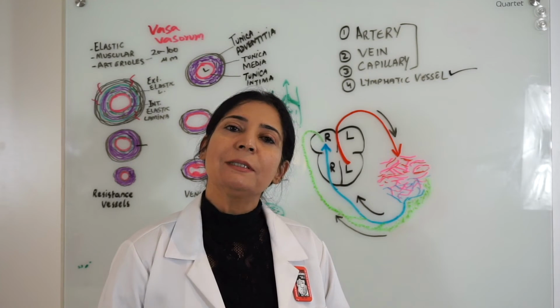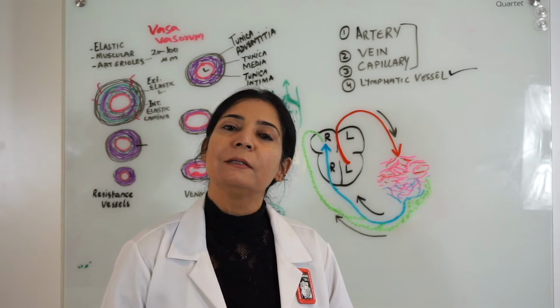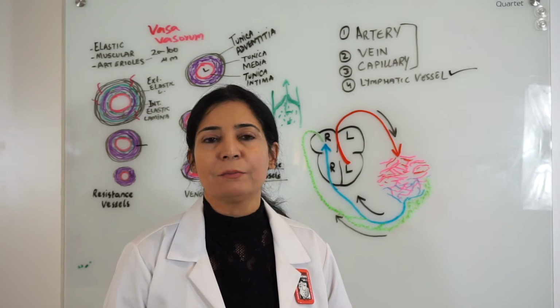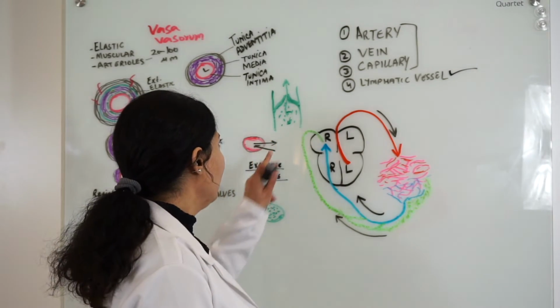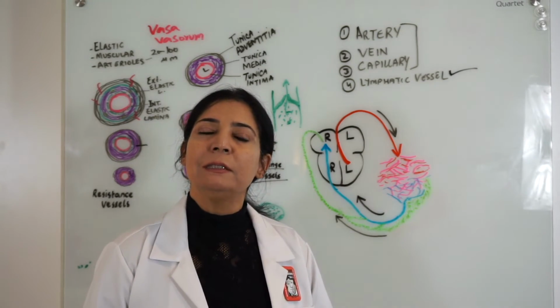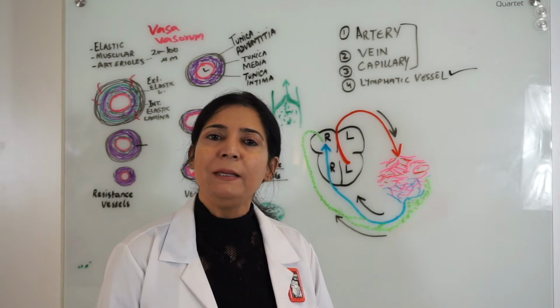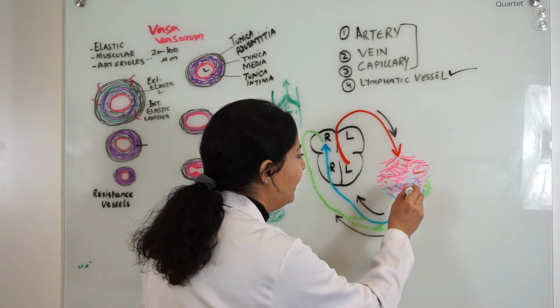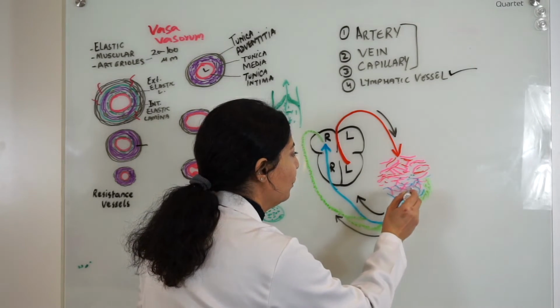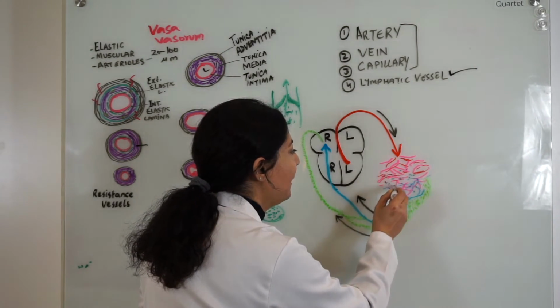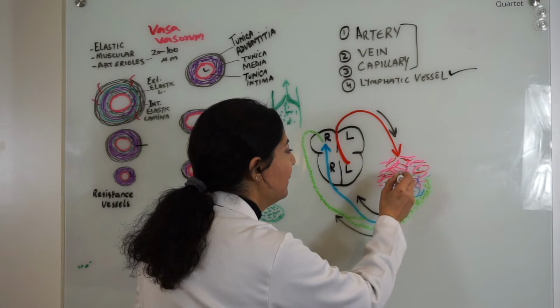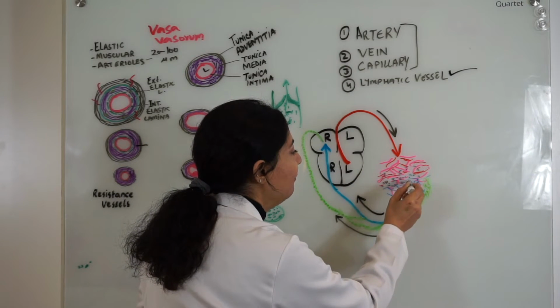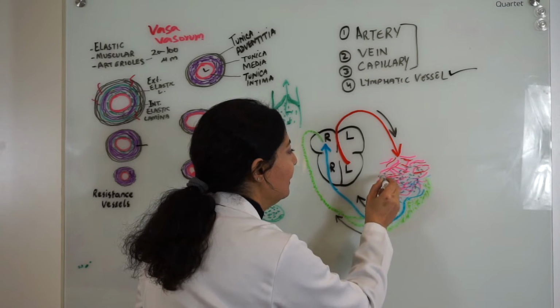So what happens in case of damage to the lymphatic system, or malfunctioning of the lymphatic capillaries, is that there will be accumulation of tissue fluid within the tissue. That means there will be expansion of the tissue space because the lymph is getting accumulated.